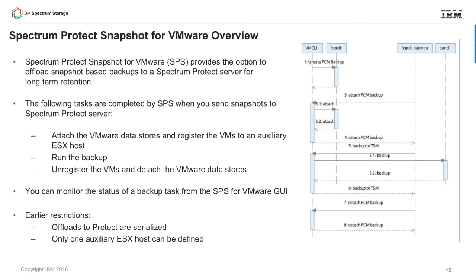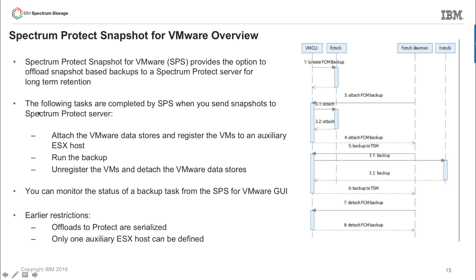Okay, so moving on to Spectrum Protect Snapshot for VMware. This slide gives an overview of what Spectrum Protect Snapshot for VMware does. It allows you to take a snapshot-based backup of a VMware server and use it as a backup, and optionally offload that snapshot to a Spectrum Protect server for long-term retention.